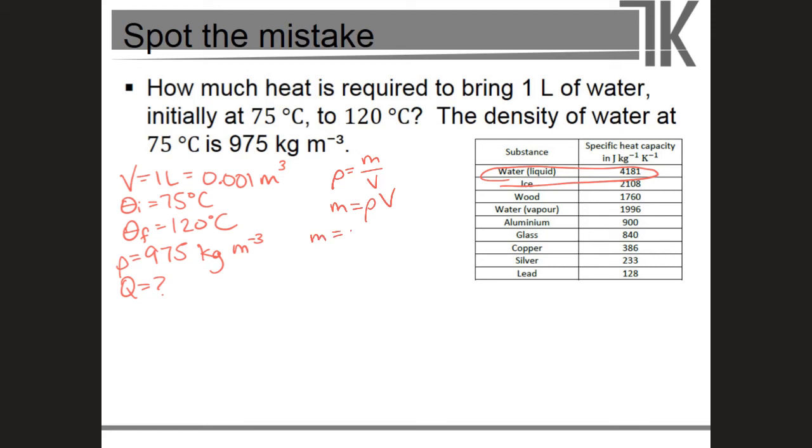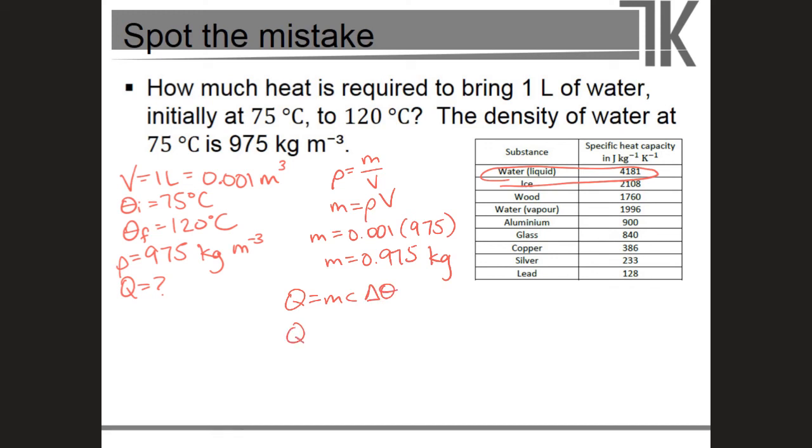So our mass is equal to 0.001 times 975, which gives us 0.975 kilograms. And then we can use our heat equation, Q equals mc delta theta.